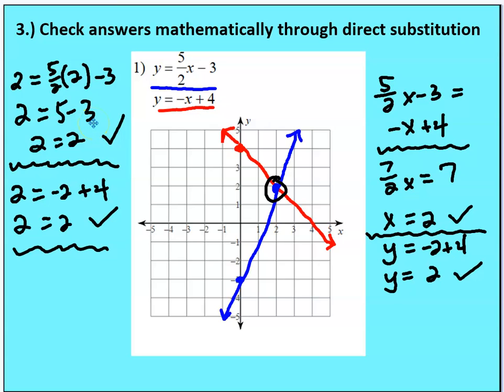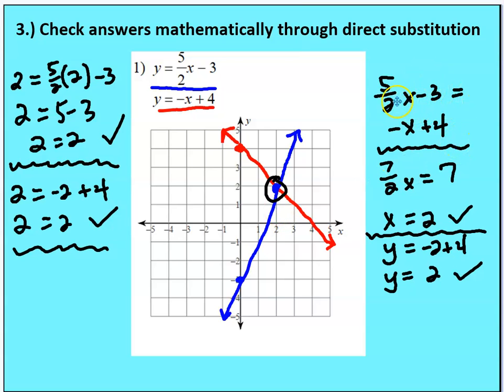You want equality for both of the equations, and then I'm going to go ahead and try the same thing here on the left-hand side. So y = -2 + 4, and I end up with 2 equals 2. So I checked out both equations. Those work.